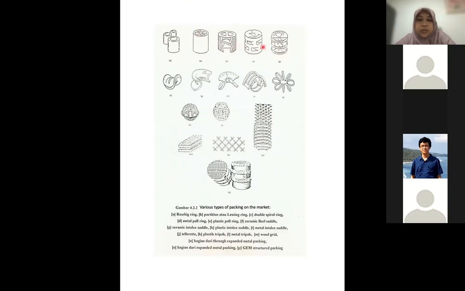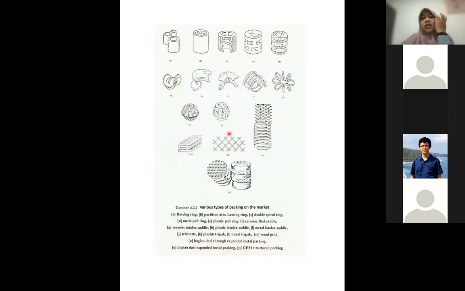Another one is a Raschig ring, or this one is a metal Pall ring, and another one is the saddle. In the saddle, if you put it this way, that way, or another way, there's still wetted area. And there's also plastic Tripack, metal Tripack, and so on.